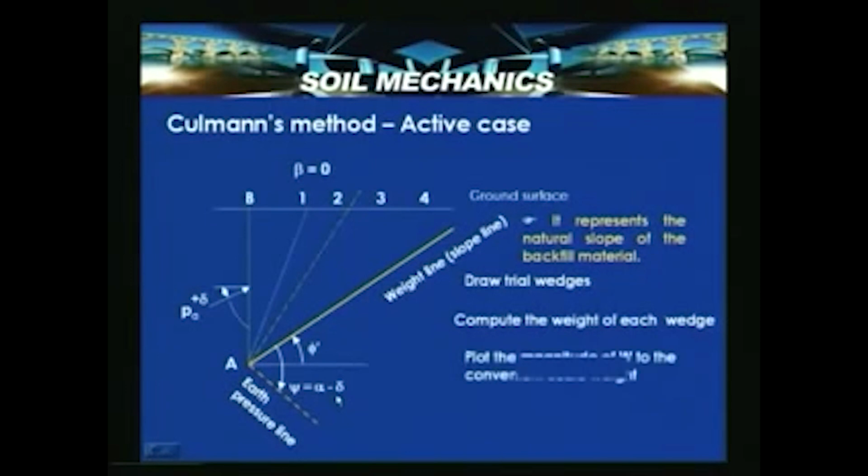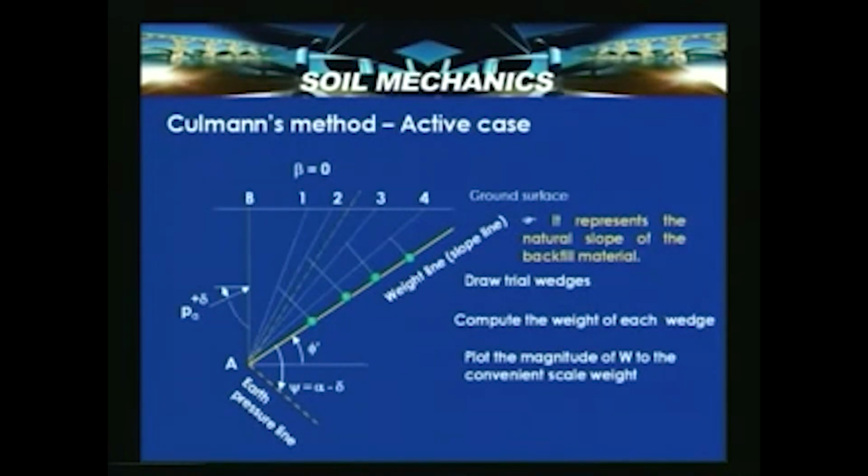Now having drawn trial wedges, AB2 is the next trial wedge, AB3 is the third trial wedge, AB4 is the fourth trial wedge. Like that you can have trial wedges.